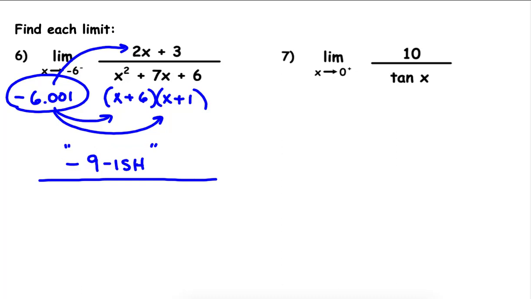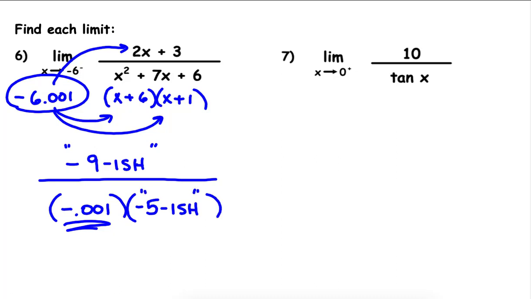We'll go with it. If you put the negative 6.001 into the denominator, you're going to get negative 0.001 here, which is really the big factor. Here you're going to get something really close to negative 5. I'll go negative 5-ish, air quotes.